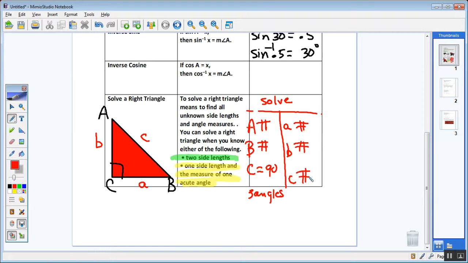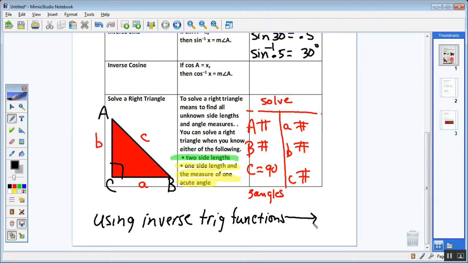Okay? The thing I want you to understand today, using inverses, or I'm going to say inverse trig functions, helps us solve for angles. This is going to be the big idea today, all right?